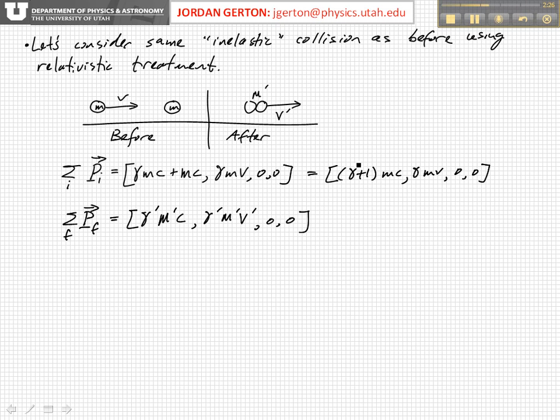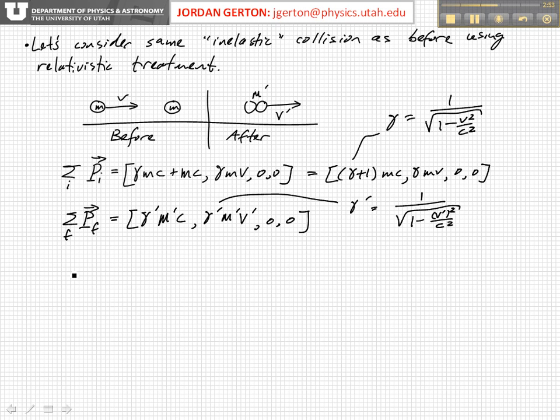Okay, and so here gamma is equal to 1 over square root of 1 minus v squared over c squared, and gamma prime is equal to 1 over square root of 1 minus v prime squared over c squared.